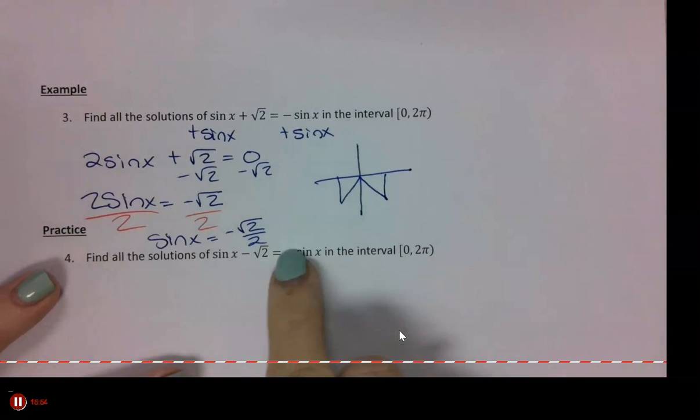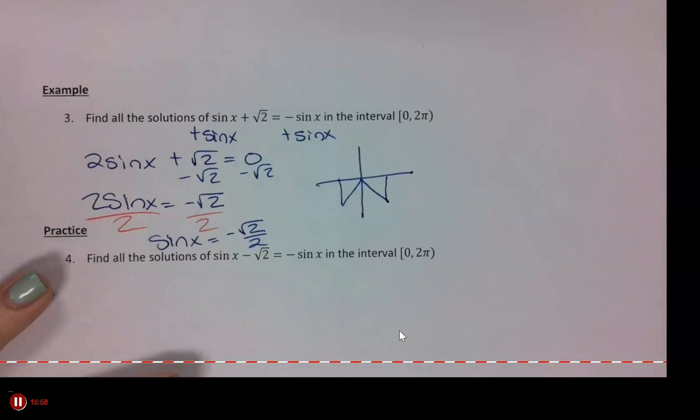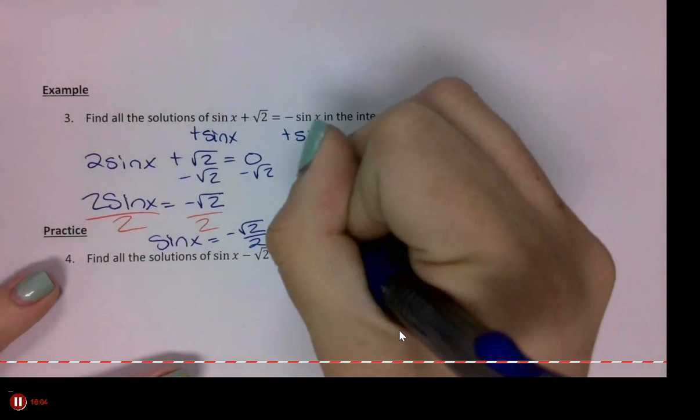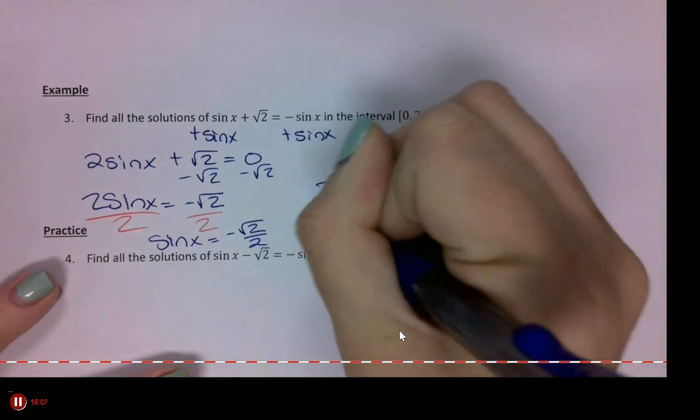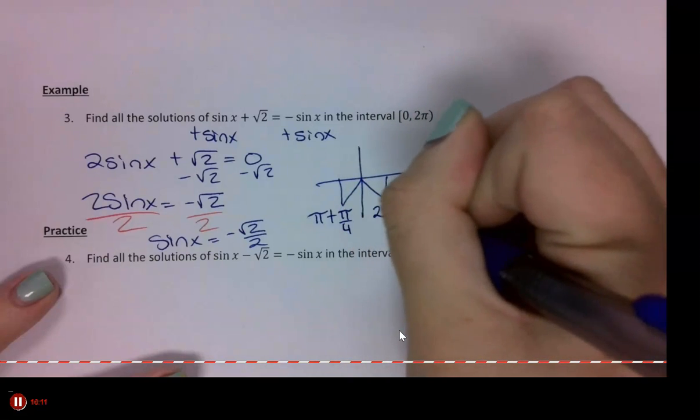Okay, what angle is sine square root of 2 over 2? Okay, so in this quadrant, I'm going to be adding pi to pi over 4. And in this quadrant, I'm going to be doing 2 pi minus pi over 4.